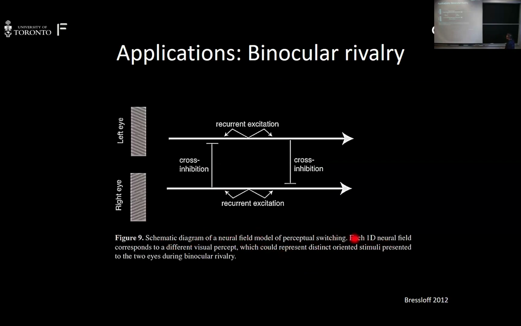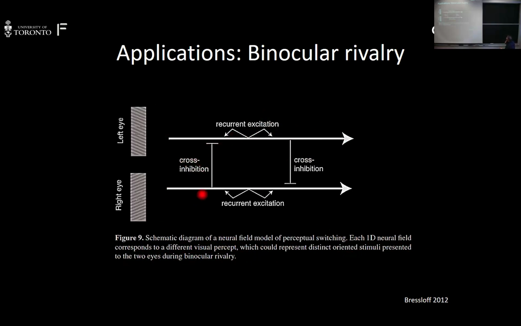I think we would call this a phenomenological model of visual system organization where we have a one-dimensional neural field, and we say this corresponds to a visual percept, but it could be part of the visually responsive neural tissue over space. Doesn't matter too much, but the important point is the nature of the inhibition and excitation over this domain.